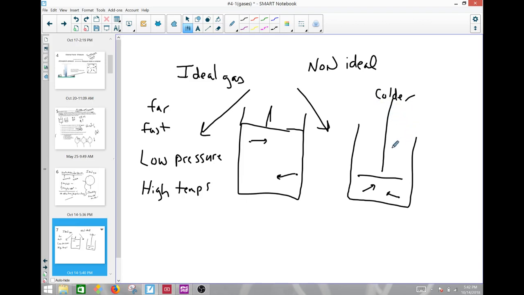All right, so now we're starting to violate some of our kinetic molecular theory. They're not traveling very fast anymore, and they are not that far apart. So the particles have the opportunity to interact.